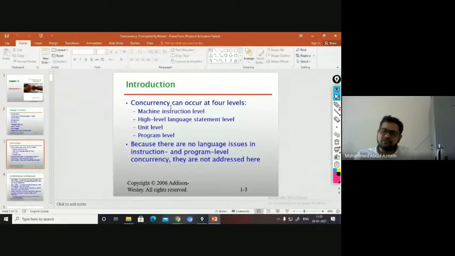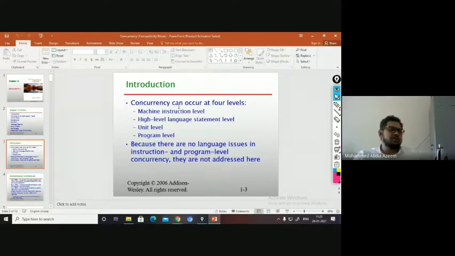One is single instruction, single data stream; single instruction, multiple data stream; multiple instruction, single data stream; and multiple instruction, multiple data stream. So we had a discussion of how concurrency can be achieved with all these 4 different ways specified by M. J. Flynn.